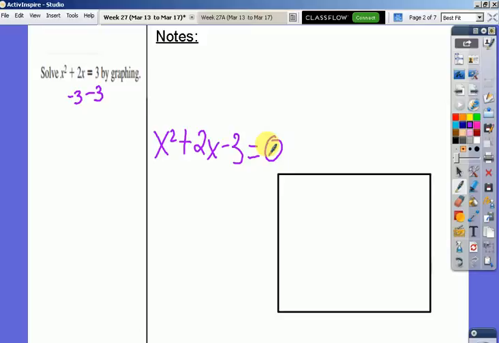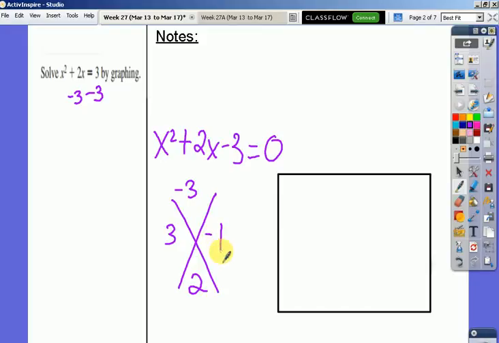Why? Is there a coefficient other than 1 here? No. So you just have to set up the x. What goes on top? Negative 3. What goes on the bottom? 2. What are your p and q? 3 and negative 1.